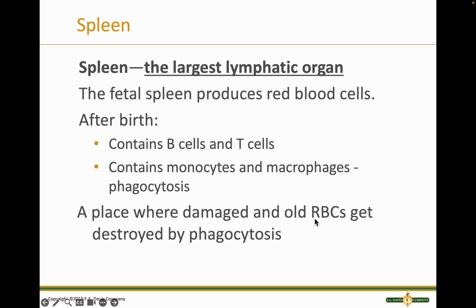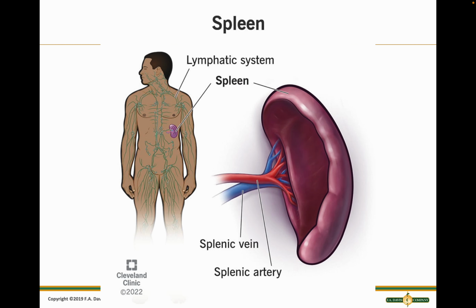But just know that the spleen is where those old red blood cells will get broken down when they're no longer functioning properly and they can't carry oxygen anymore. And then their parts will get recycled. But that all happens in the spleen in addition to fighting off infection.